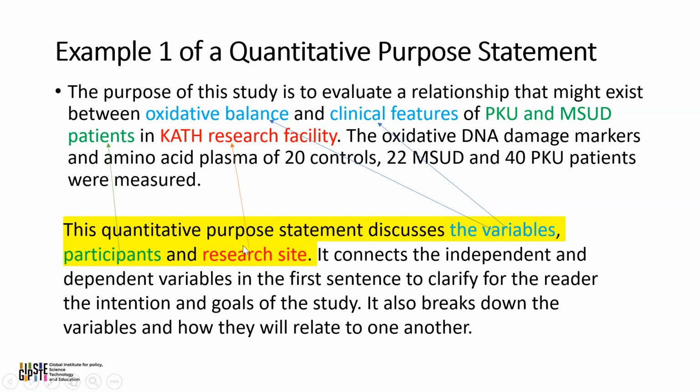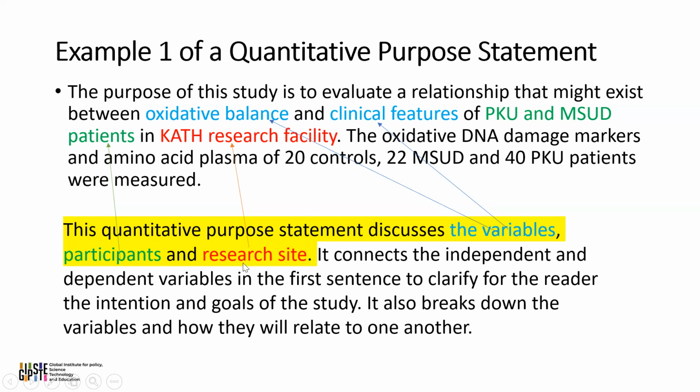This quantitative purpose statement discusses the variables, and the variables are highlighted in blue. If you look at where I map variables to those words in blue, those are the variables, the dependent and independent variables. Then it also discusses participants. What are the participants? PKU and MSUD patients.